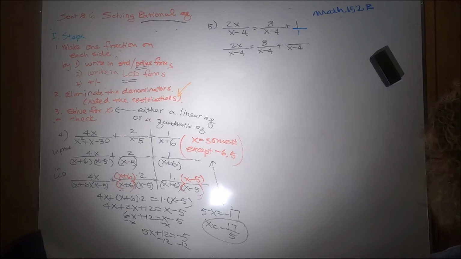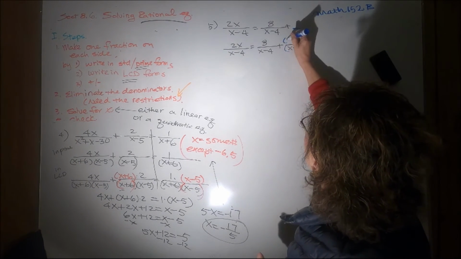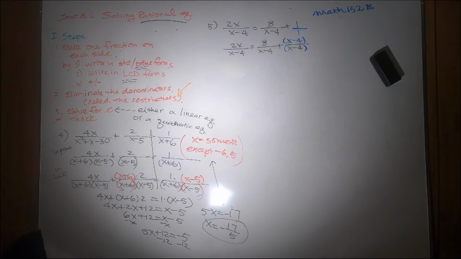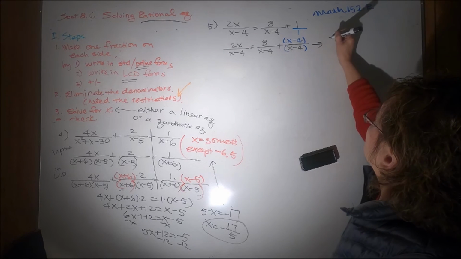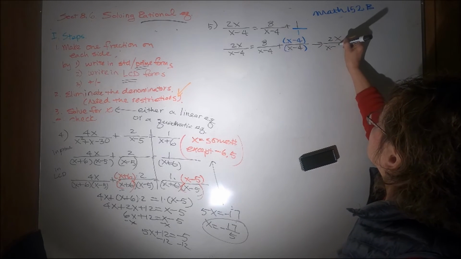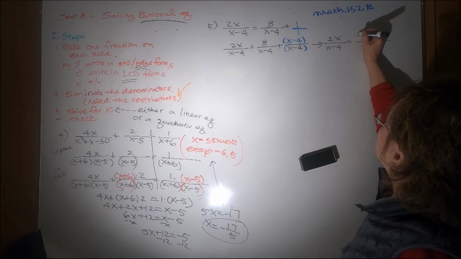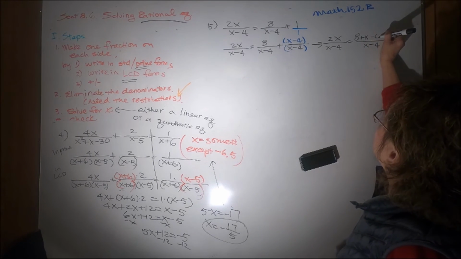Then same fraction, so I mean same denominator. So this one you have to multiply x minus 4 on the top, right? Then we will combine them. We have 2x over x minus 4 equals what? x minus 4 here would be 8 plus x minus 4.